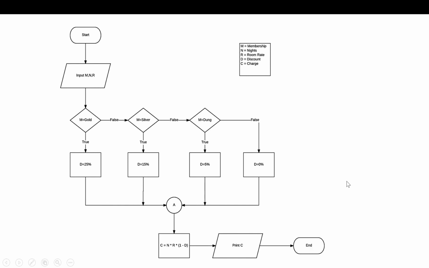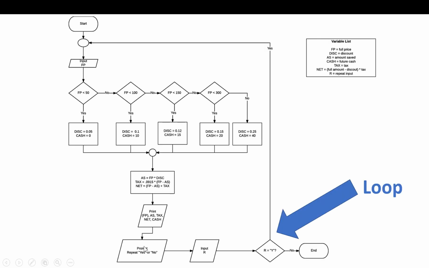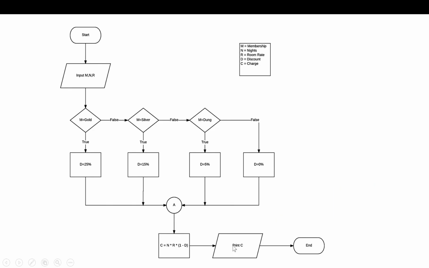Very simple, straightforward. So now let's say I told you to add a loop to the flowchart that you just created. In this case, we will add the loop like what we showed in class. You start from here, before the end but after the print display.